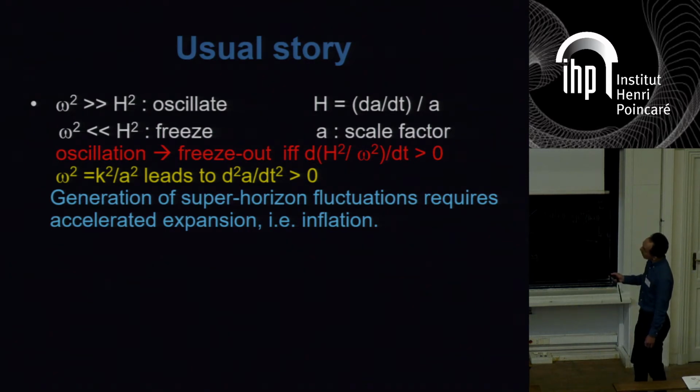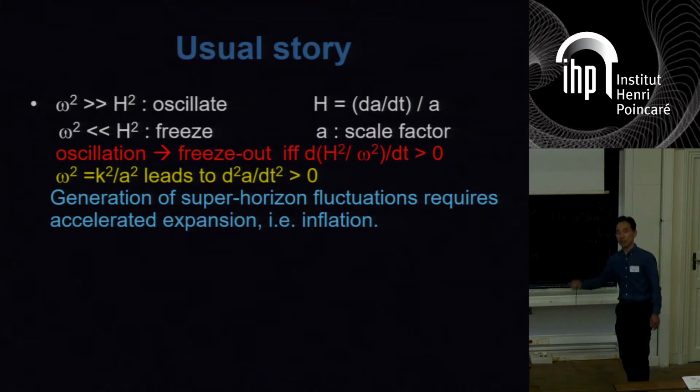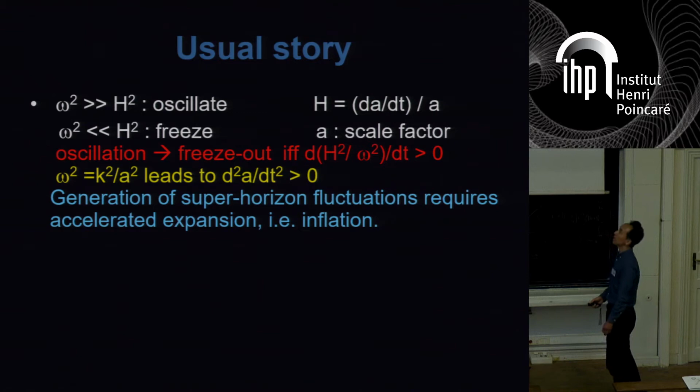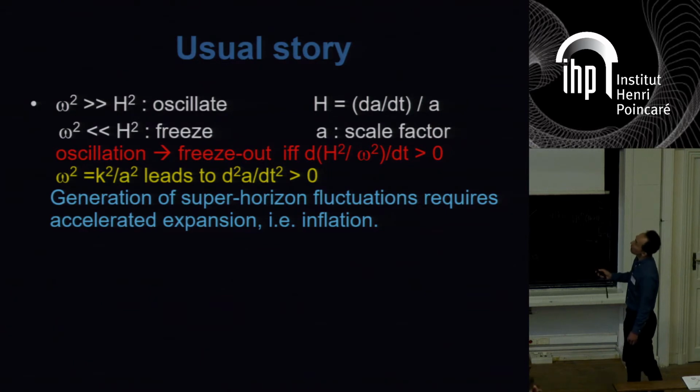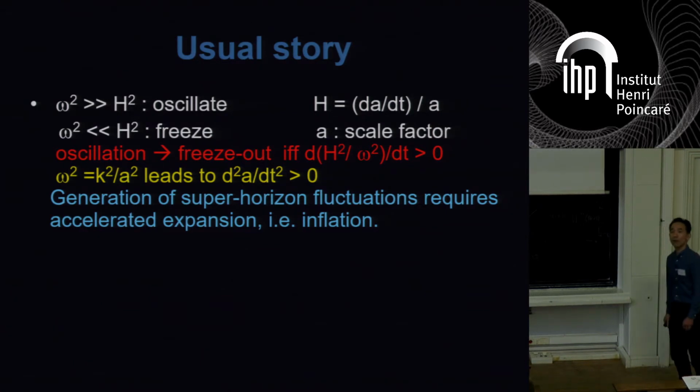But in the opposite case, the expansion of the universe plays the role of friction, and that mode freezes. What we want is freeze out after oscillation. This is the generation of superhorizon fluctuation.